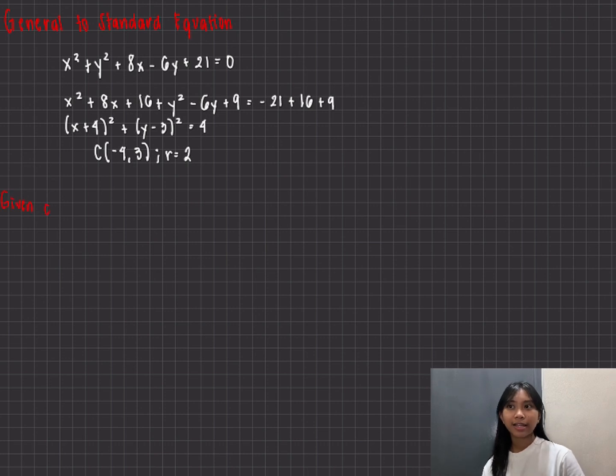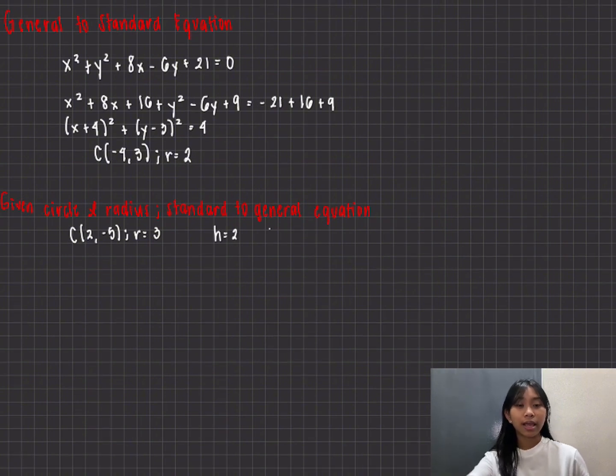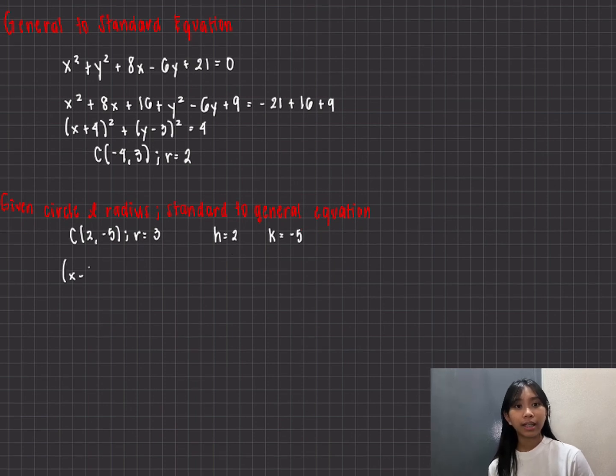And for our last example, given the center and the radius, let's find the standard and general equation. The given is, our center is (2, negative 5), and our radius is 3, wherein our h is 2 and our k is negative 5. So using the standard equation, we will substitute h and k.